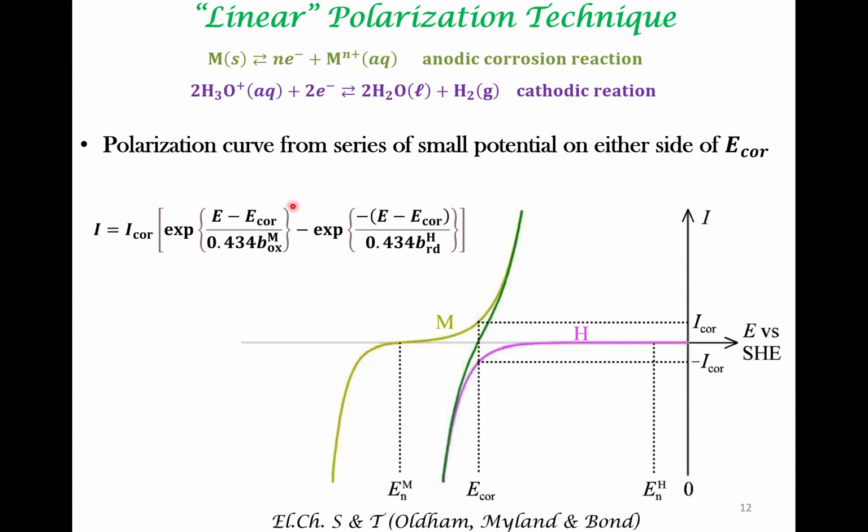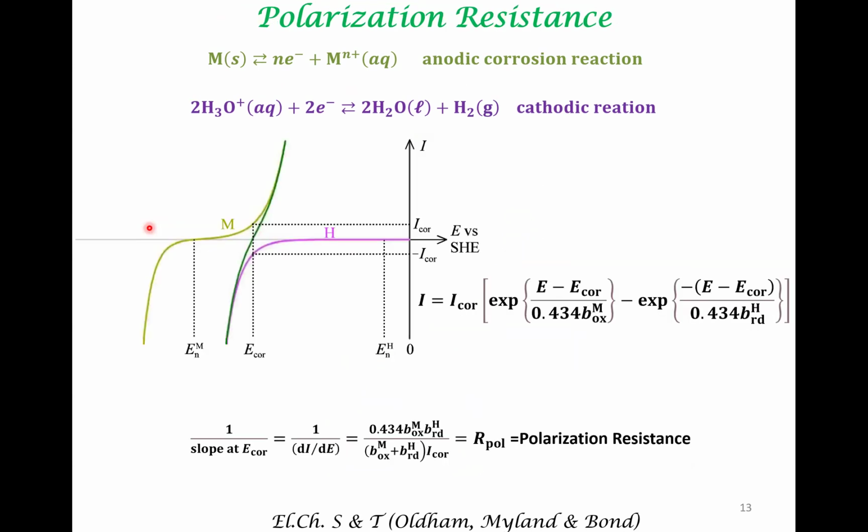This form is fitted to the experimental data to get the other terms shown here. What is of significance is this pair of quantities: this quantity, which is the potential of the corroding sample at steady state, and I corrosion, the corrosion current, which is going to give you a measure of the rate of corrosion.